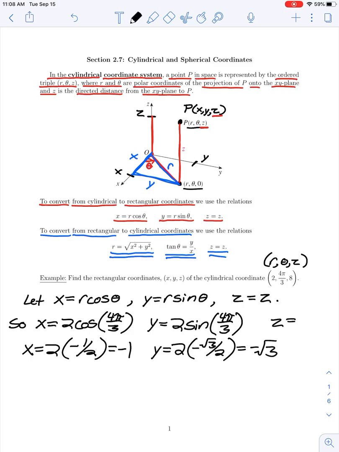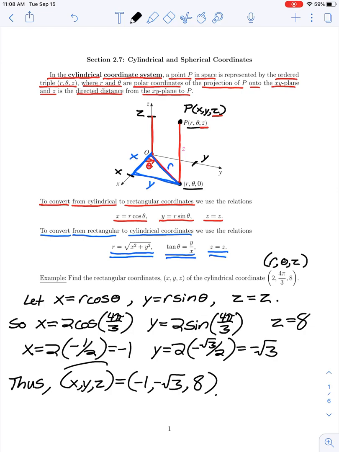And then our z value is just equal to z, which we were given as 8. So this point could be represented in terms of rectangular coordinates, x, y, z, as negative 1, negative root 3, and positive 8. Okay, so two different ways to represent that point.